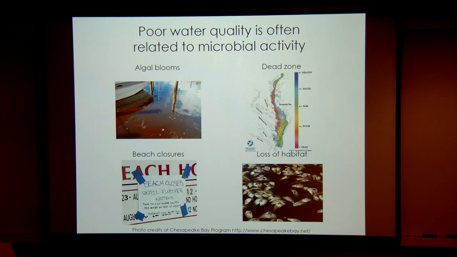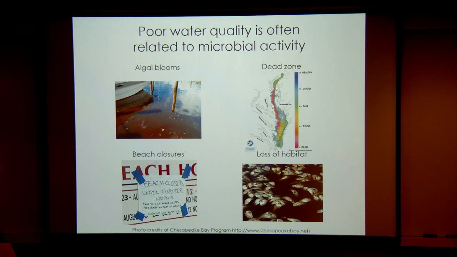This can also create scums on the surface of the water, and potentially create toxins. Some of these organisms create toxic substances that can then cause beach closures and the loss of these resources for people to use.